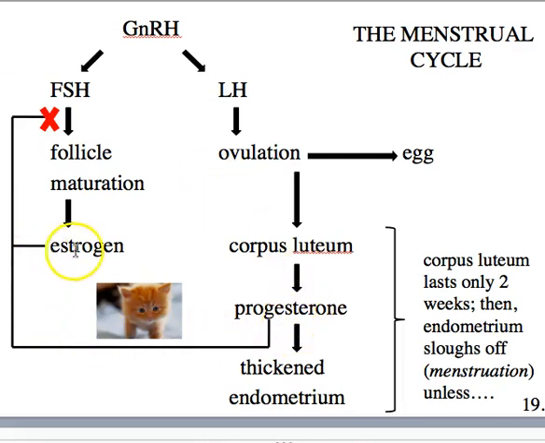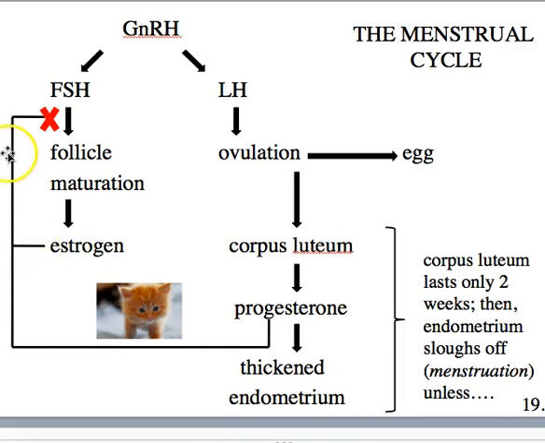Progesterone also causes a stimulation. So let's go this way. GnRH causes FSH to be produced by the pituitary. That causes the follicle to be stimulated and mature, which then releases estrogen. What estrogen does, and the reason you have this X, is that just like with testosterone in males, once you have a high level of estrogen, the system becomes saturated.